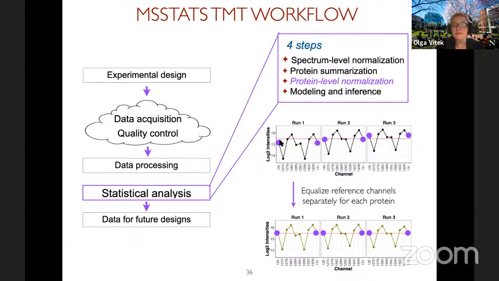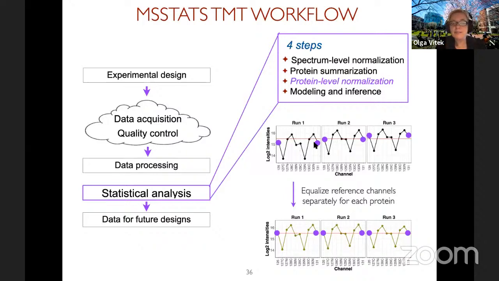And now we need to make sure that this is comparable between the runs. And this is where we use the reference channel or channels, if we have multiple channels, to make sure that we can now account for differences between the runs, which are due to whatever happened with mass spectrometry intensities in different runs, but also to account for the fact that in different runs, we actually have different peptide ions. And so some of these differences are just due to the fact that different ions represent this protein in different runs.